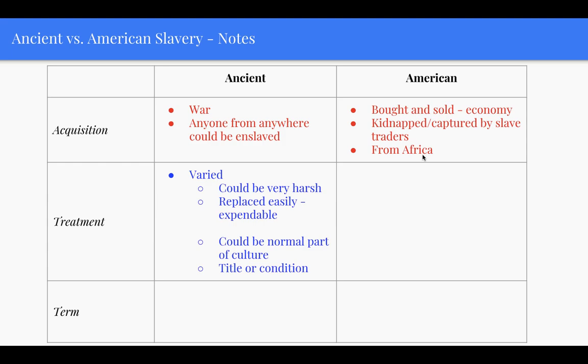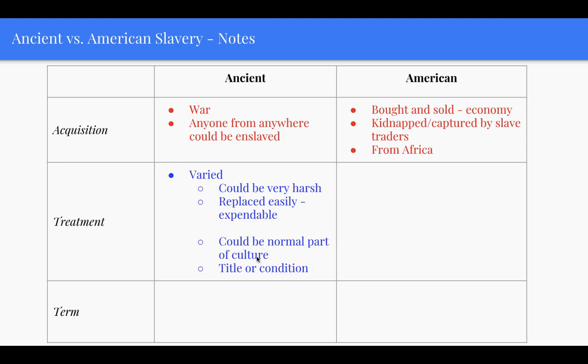Okay, treatment. So it varied. It could be very harsh. People were replaced easily and they were expendable, meaning that enslaved labor came and went. You might lose a person because they didn't serve as an enslaved person for life. But also expendable means sometimes that they could just be killed off and weren't cared about all that much.